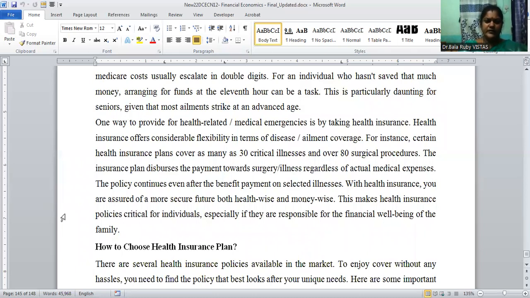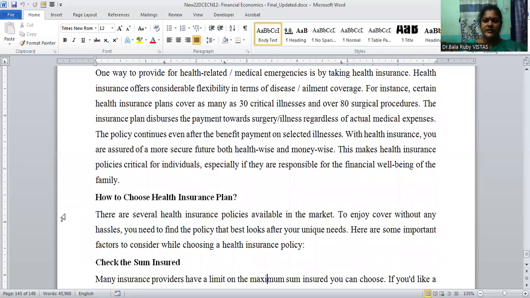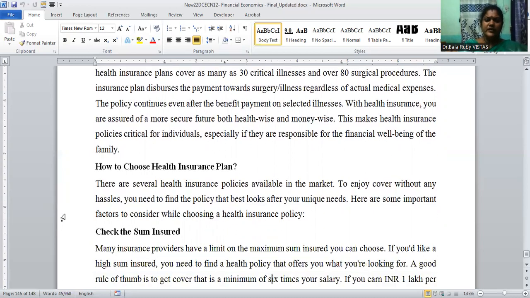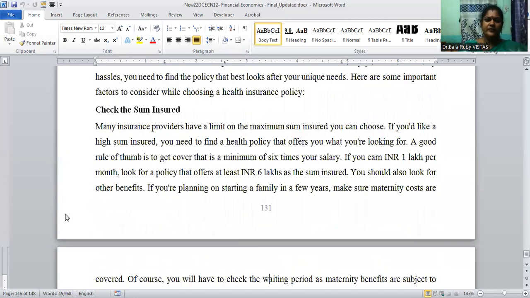This policy continues even after the benefit payment on selected illnesses. With health insurance, we are assured of a more secure future, both health-wise and money-wise. It makes health insurance policies critical for individuals, especially if they are responsible for the financial well-being of the family.